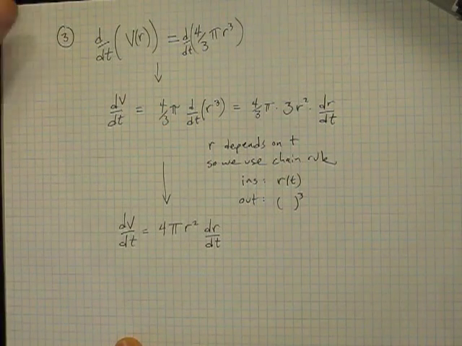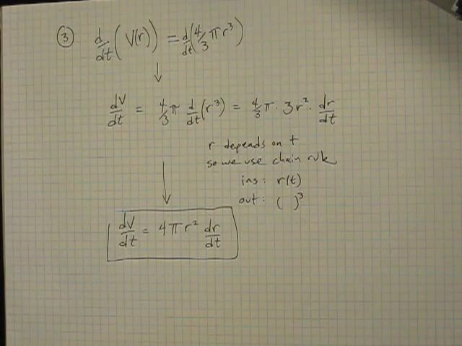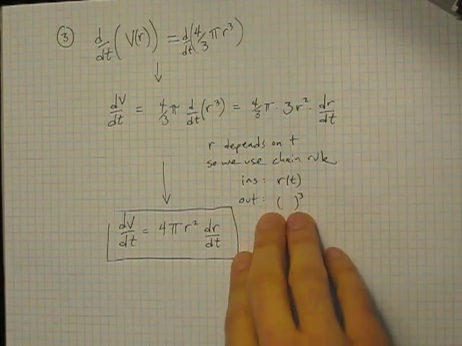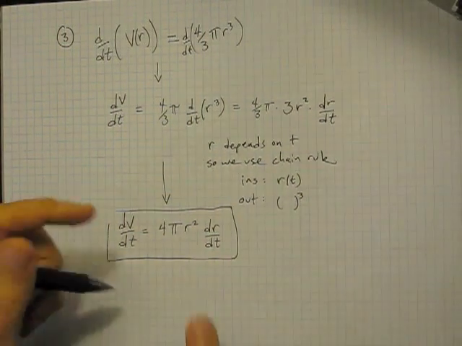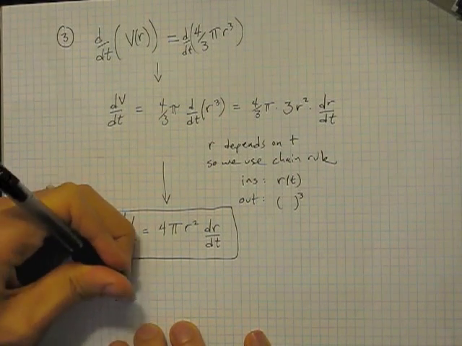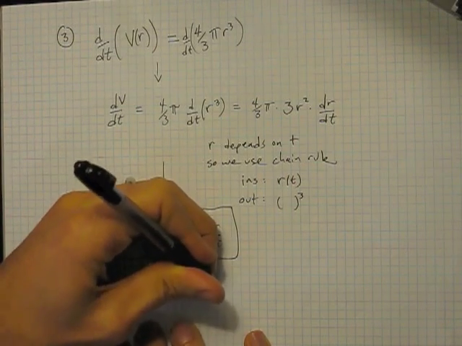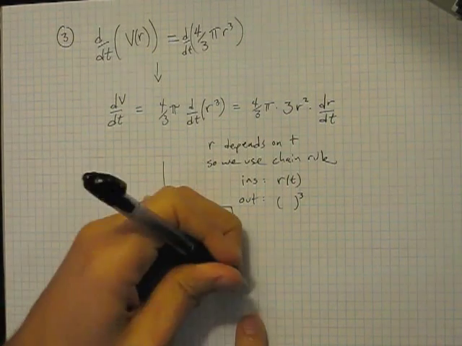Okay, great. So that's the next step where we take the derivative of this. Now we want to use this for the next step, and that is to plug in what we know. So what do we know?